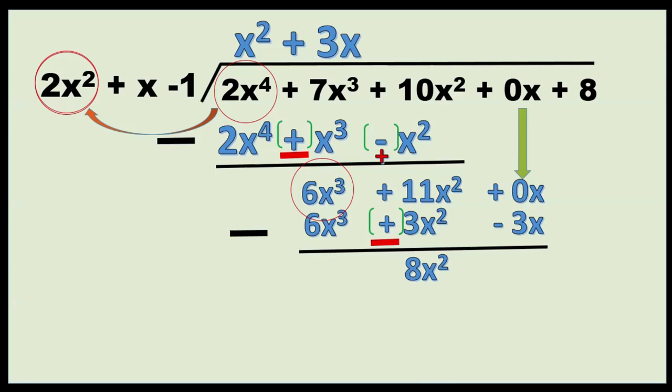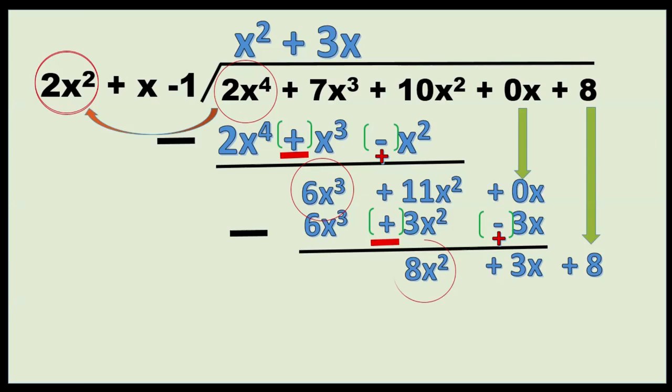The answer is 8x squared. Then the next one, 0x minus negative 3x. Again, change the sign. It becomes positive. So then proceed as in addition. So 0x plus 3x is positive 3x. Next is to bring down 8. So we have positive 8.